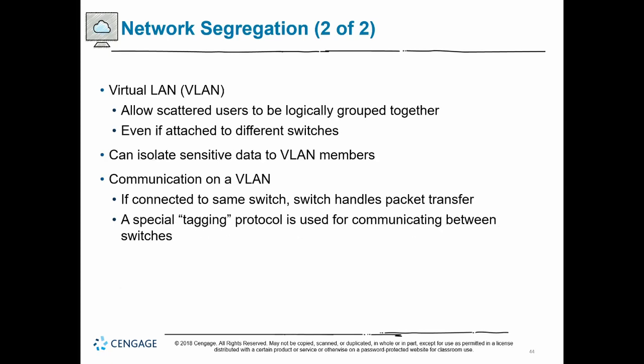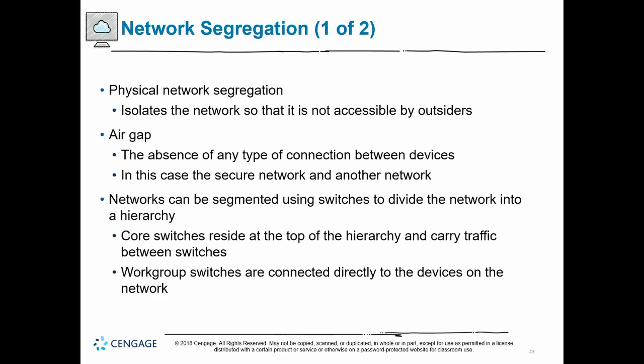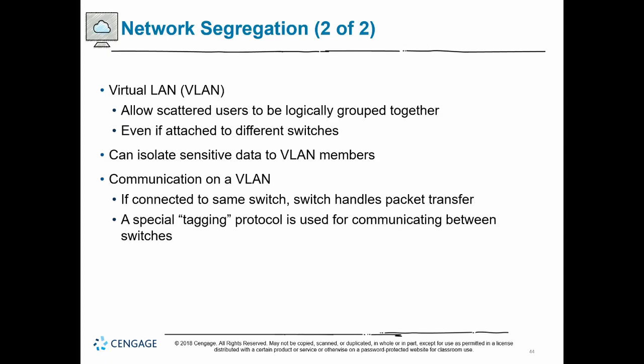Virtual LAN: you put everything in different VLANs, which allow scattered users to be logically grouped together, even if attached to different switches. Usually when we're talking about network segregation, a lot of people in the industry refer to putting people in different VLANs, and providing them different security restrictions.